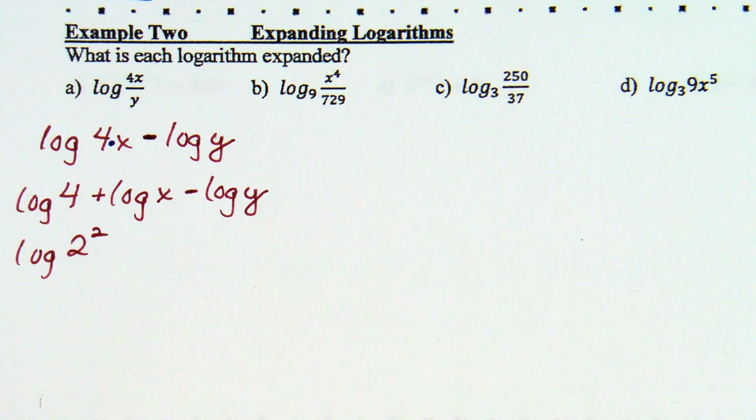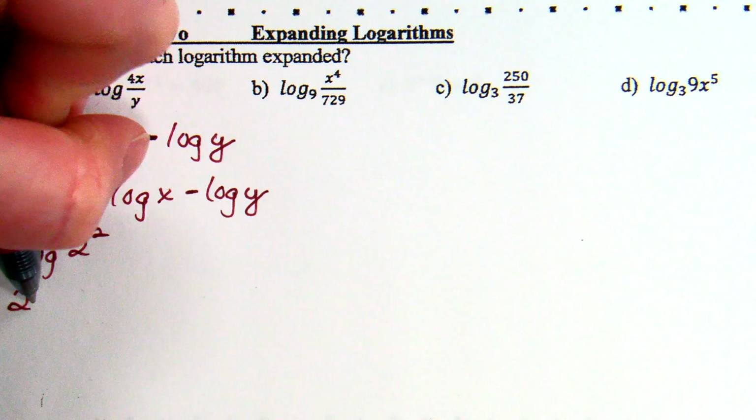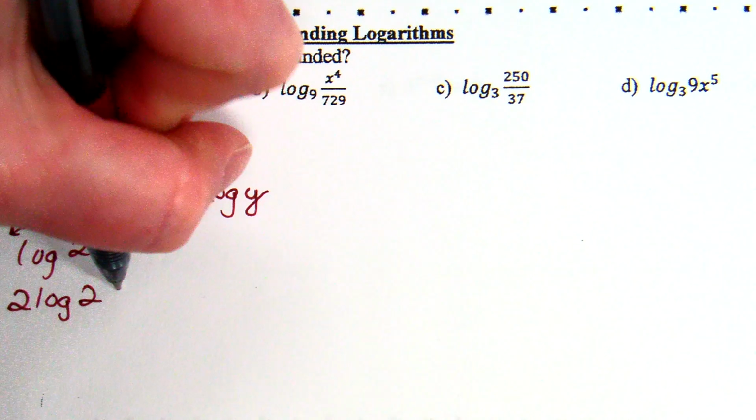Now, if it's log of 2 squared, what's one final thing I can do? I could take this power of 2 and move it out front. If I move that power of 2 out front, this is 2 log of 2. I still have plus log x minus log y.